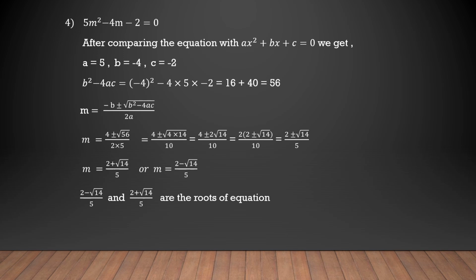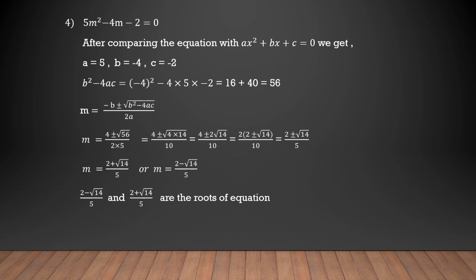Then we write the formula m = (−b ± √(b² − 4ac)) / 2a. Then we put the value of all these terms here. Then m is equal to, the value of b is −4, so −b is −(−4) = +4.